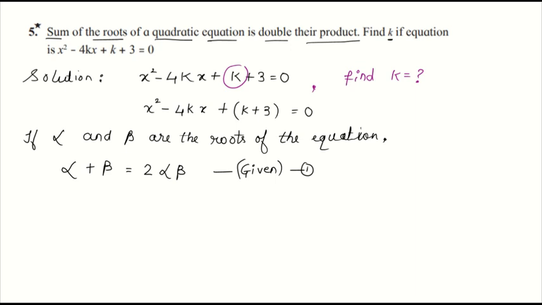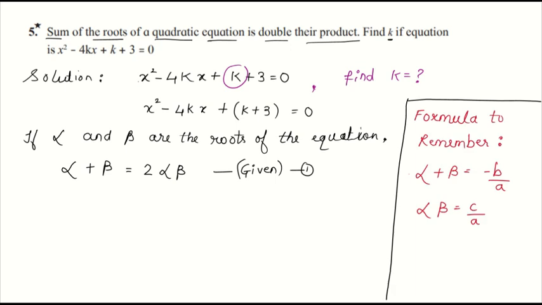Also, we know the formula of alpha plus beta. Do remember these formulas. You can learn them by heart. Alpha plus beta is equal to minus b upon a. We can get the value of alpha plus beta by substituting the values of b and a. Also, alpha into beta is c upon a. We can substitute the values of c and a and find the product, that is alpha into beta.